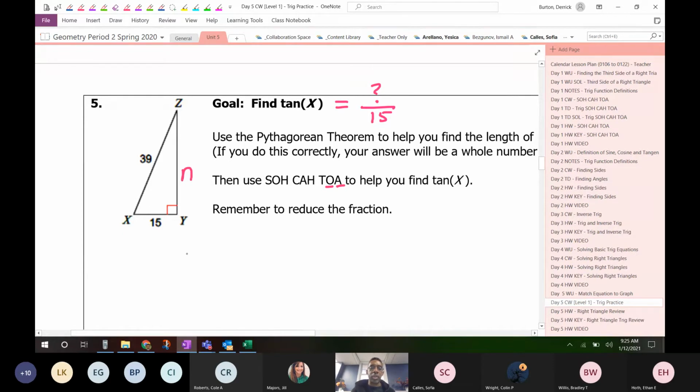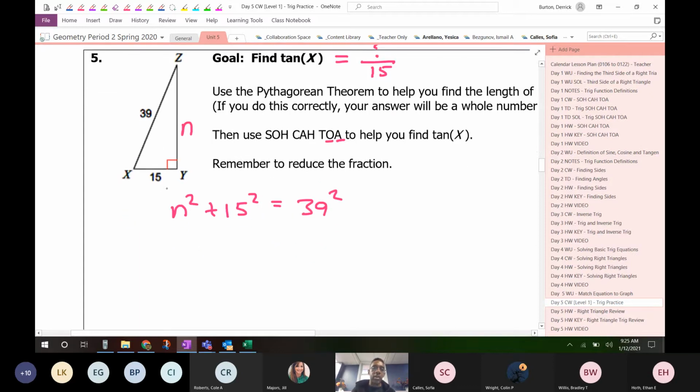So we could do n squared plus 15 squared is equal to 39 squared. All right, notice I'm putting the 39 here, not the n. It has to be the hypotenuse. So I've got n squared plus 225.